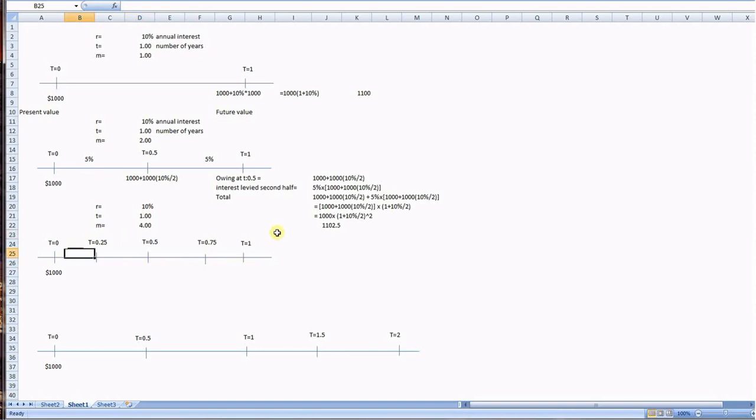It should be 10 divided by 4, which is 2.5%. So instead of 5% in the previous example, 10% in the first example, we are now charging our borrower 2.5% every 3 months. Okay, so let me copy it.